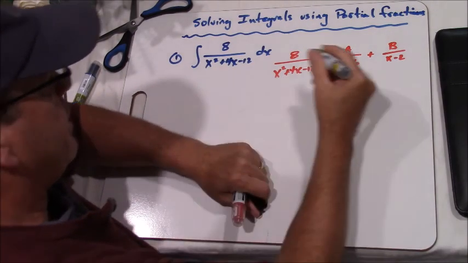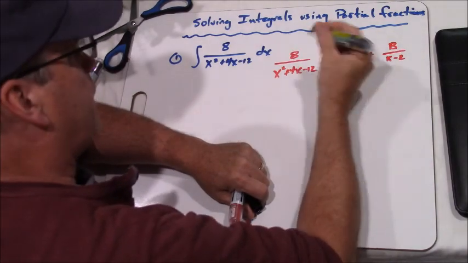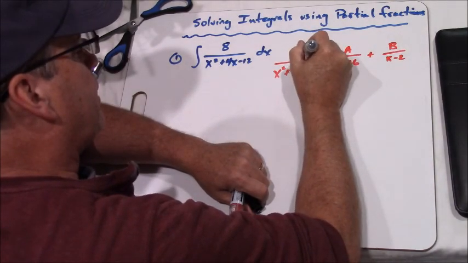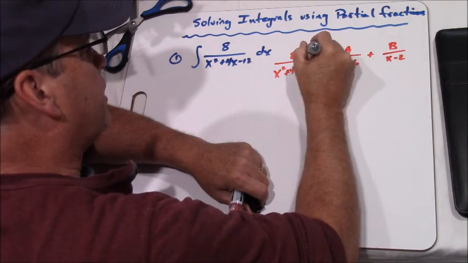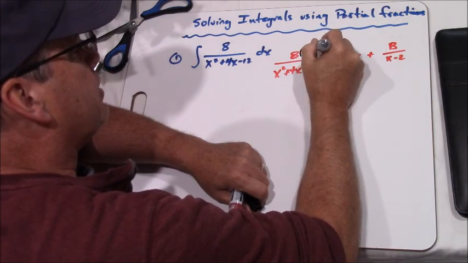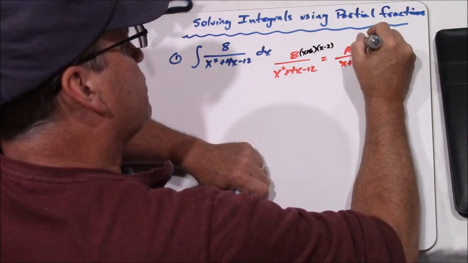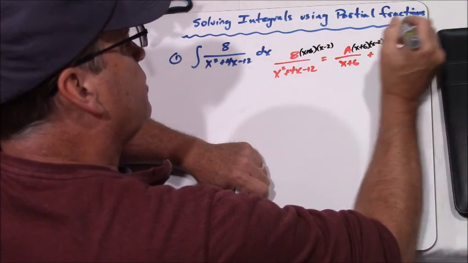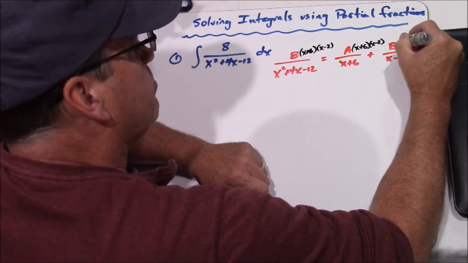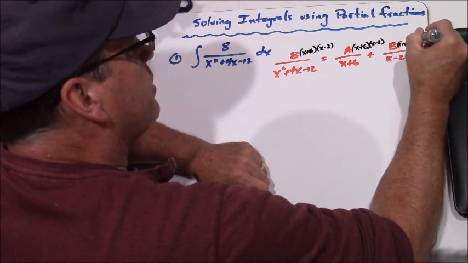Both of these are factors of this denominator. So I'm going to multiply every fraction on both sides by x plus 6 times x minus 2. Do the same thing here, x plus 6 times x minus 2, and the same thing here, x plus 6 times x minus 2.